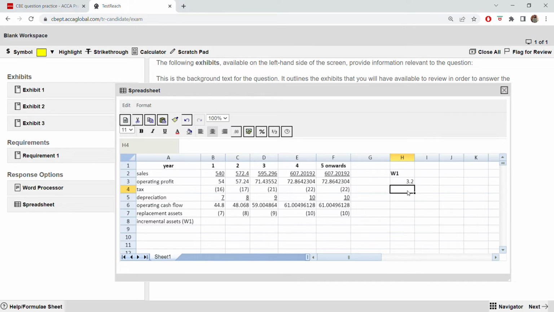For the second year it is 6%. Equal to 6% multiply by, you see, the moment you don't finish the number it will go.